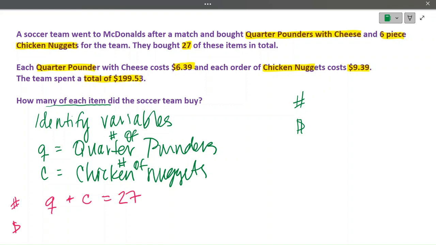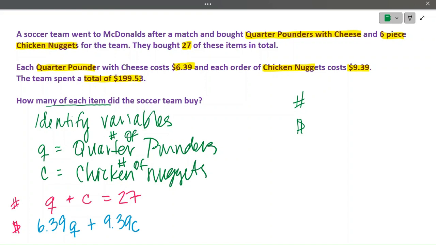My second equation is about the money spent. So we know that each quarter pounder costs $6.39. So, however many quarter pounders they bought gets multiplied by $6.39. And that tells us the total cost of all the quarter pounders bought. And we do the same thing with the chicken nuggets.